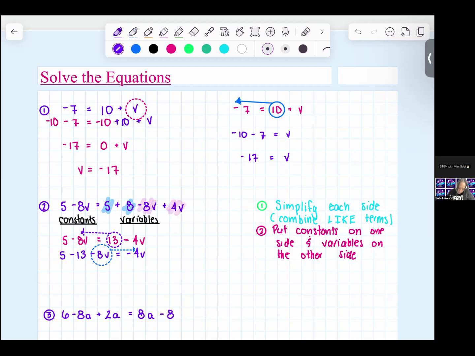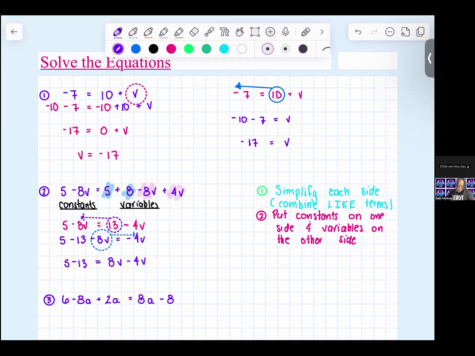So I have 5 minus 13 is equal to, and remembering when I bring over that negative 8v, it becomes positive 8v. So I have 8v minus 4v. So 5 minus 13 is negative 8. And on this side, when I have 8v minus 4v, I have 4v left.